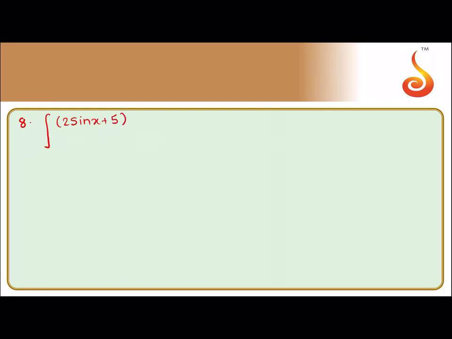Example 8. Integral 2 sin x plus 5 divided by 2 plus 5 sin x whole square dx is equal to f of x.